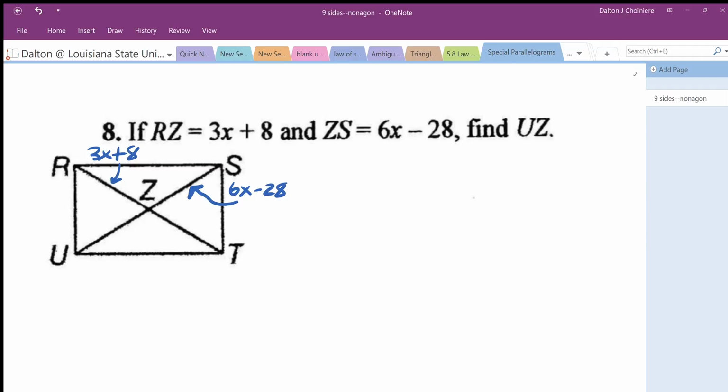They're equal. In every rectangle, and you could mark this on every single rectangle if you want, all 4 of these internal segments are always going to be congruent. So the question is, what is UZ? Well, UZ is this highlighted part here. That one is congruent to the other 2. So if I find one of the others, then I could find UZ very easily.